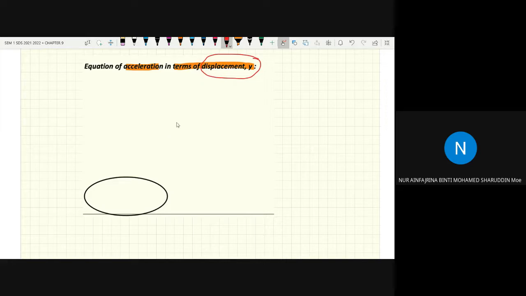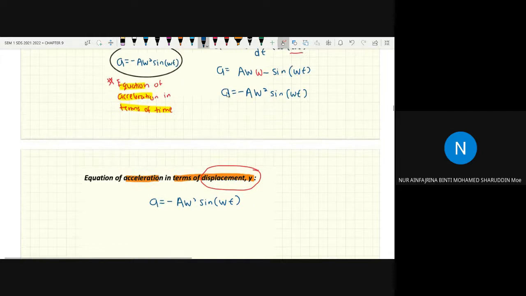Kita tahu kita ada equation of acceleration in terms of time adalah negative a omega squared sin omega t. Am I right? Tadi ingat tak kita dah buat ni? This is equation acceleration in terms of time.